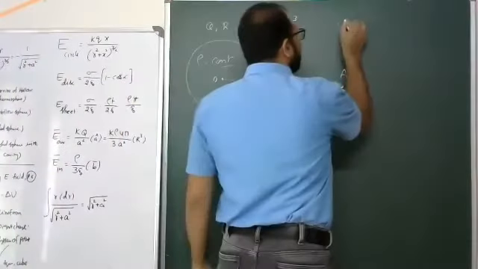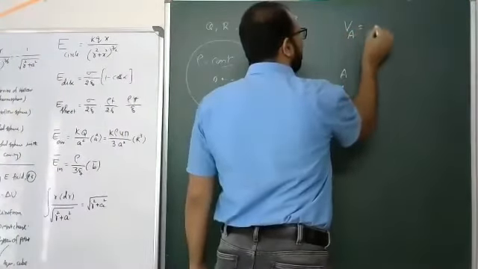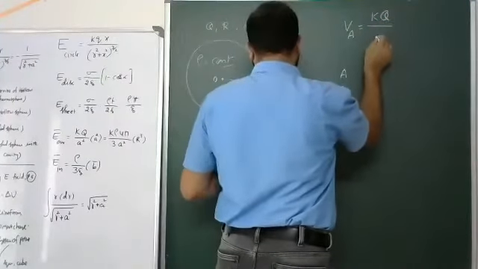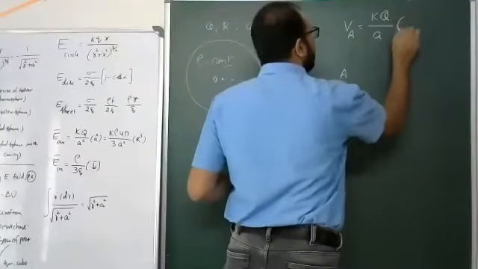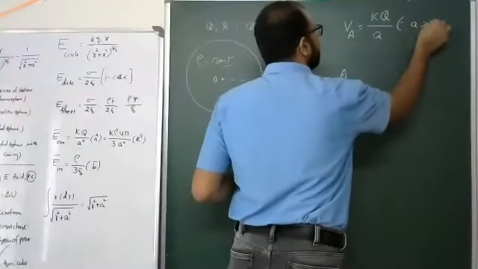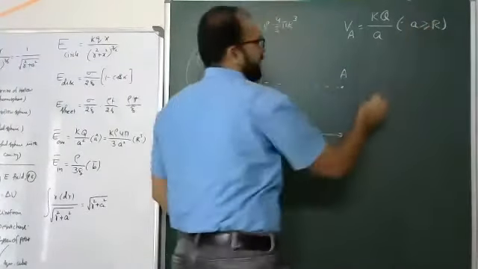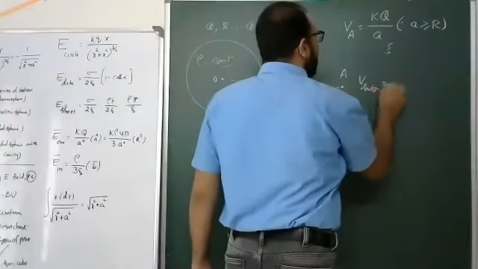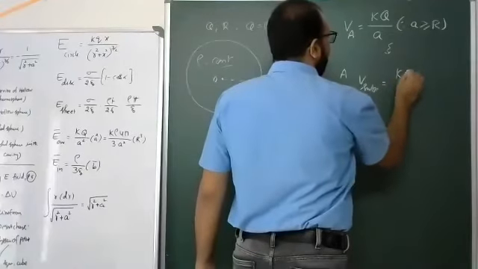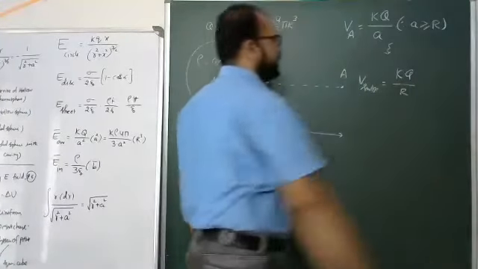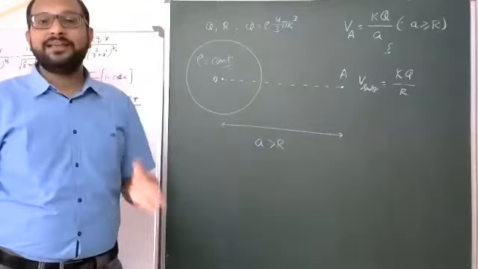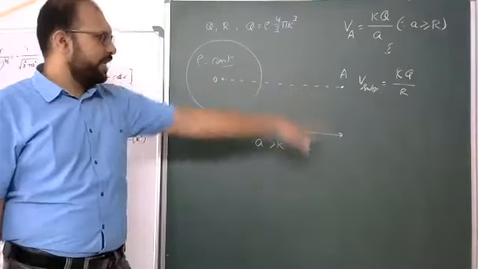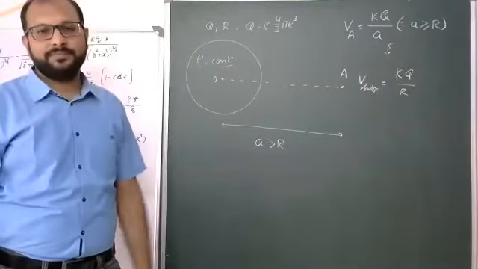That's why here VA equals K Q divided by small a, because here a is greater than or equal to R. Similarly, on the surface also K Q divided by capital R. So on the surface of a uniformly charged solid sphere, the same potential, just like the previous.